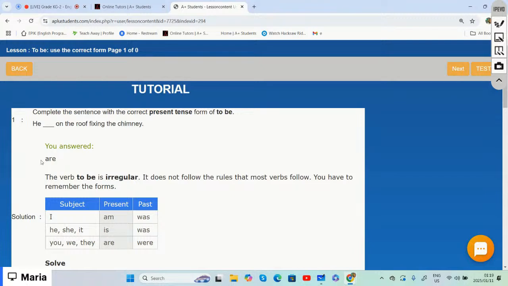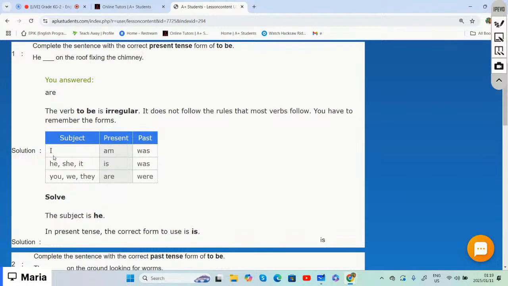All right. So now, once again, we said that the verb is irregular and does not follow any rules. You're just going to have to remember the form. And we said that if we use the word I, then we say I am in the present tense, or I was in the past tense.